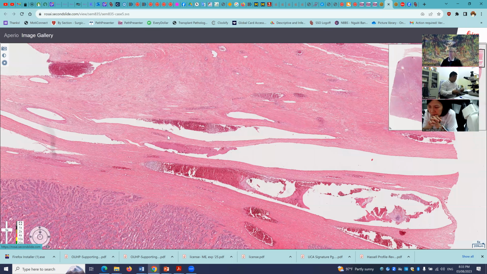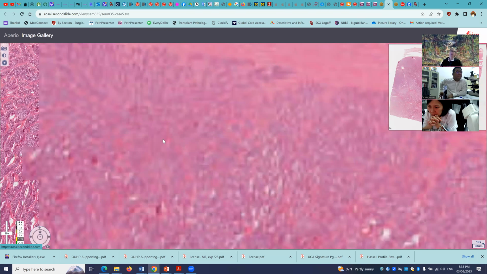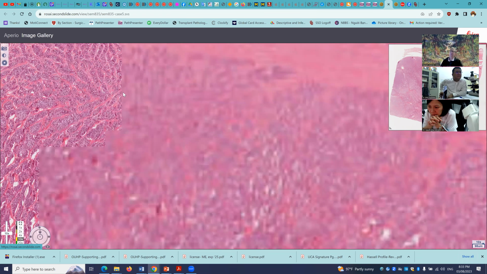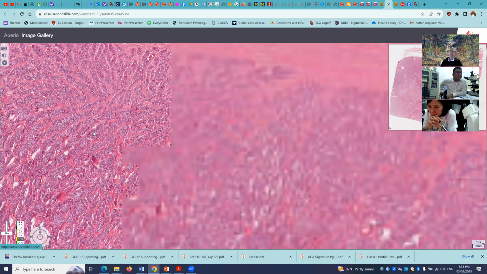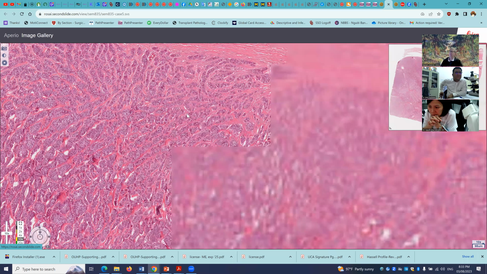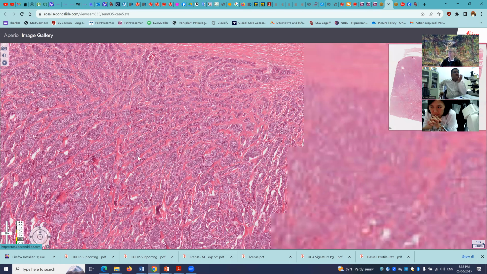And as you can see, eventually it'll come into focus. It has the nice trabecular pattern of neuroendocrine tumor, with characteristic features of a neuroendocrine tumor. So this is a carcinoid or neuroendocrine tumor arising in association with a mature cystic teratoma.